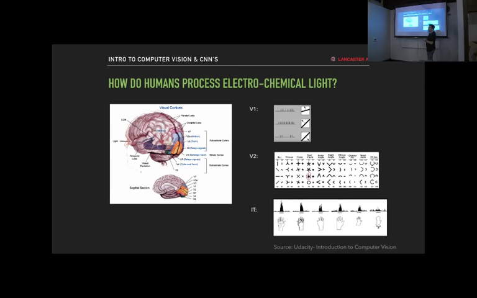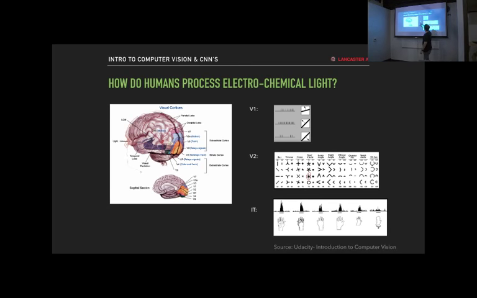If it's in this position, it fires that much. It's almost like it's doing edge detection. This one neuron responds to this configuration of an edge. That's what happens in V1. Very basic. The most simple setup that you can have is right there.